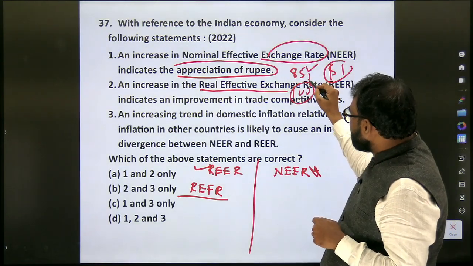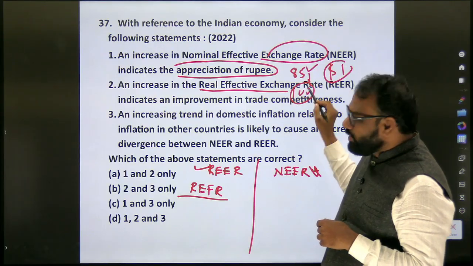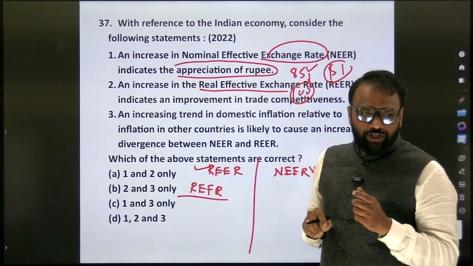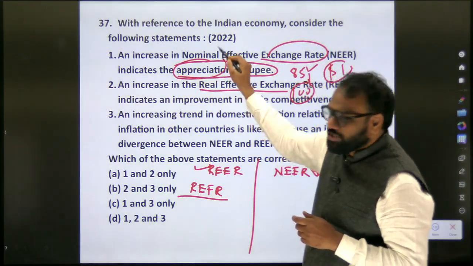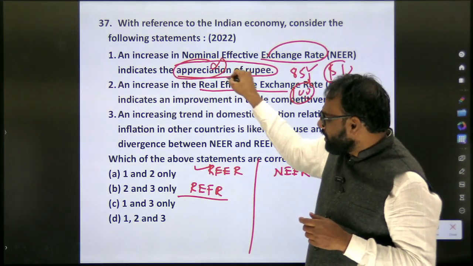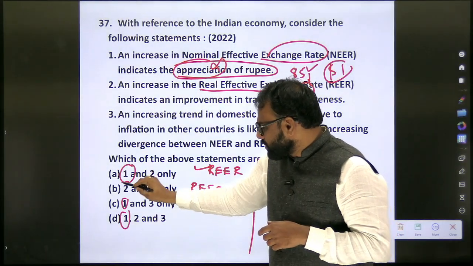So, this is an increase in nominal effective exchange rate. Now, has the rupee appreciated or depreciated? Depreciated, right? Here they are speaking about appreciation, so the first one is wrong. When you eliminate one, you are left with two choices, 2 and 3.